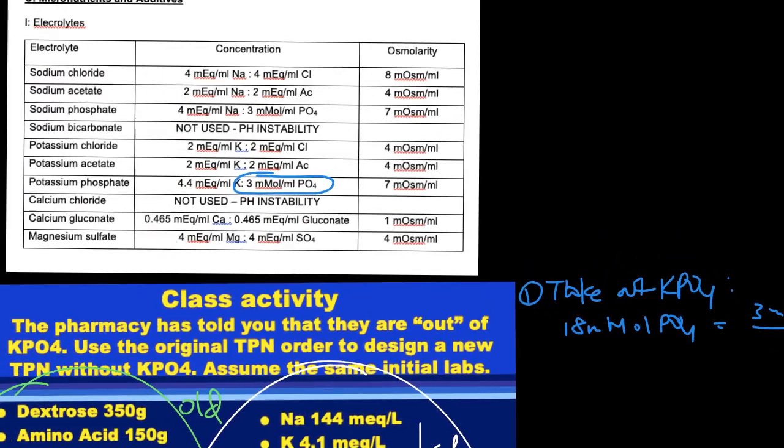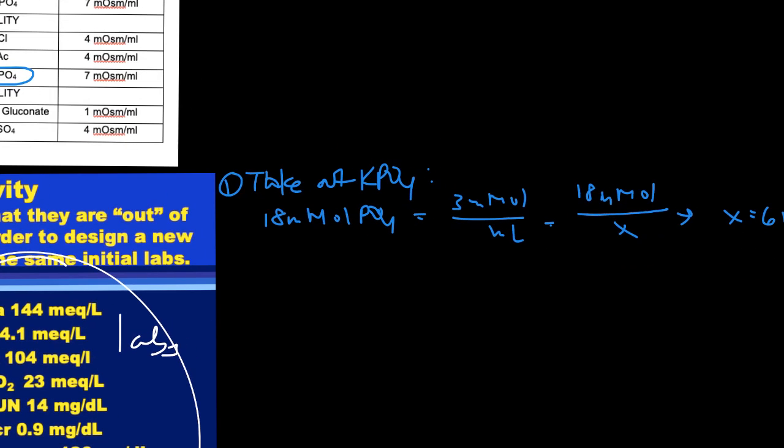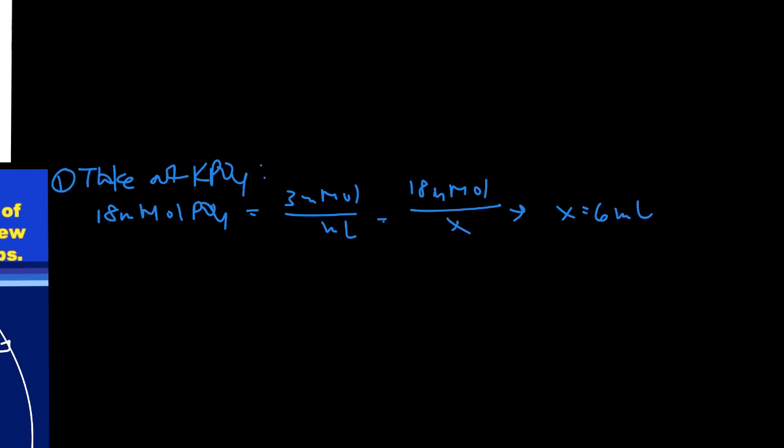So how much potassium did you lose? Well, you know that potassium comes in a concentration in K-phos of 4.4 milliequivalents per milliliter. You have 6 milliliters. So 4.4 milliequivalents per milliliter times 6 milliliters.